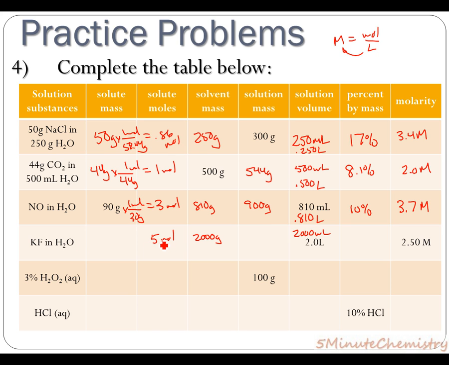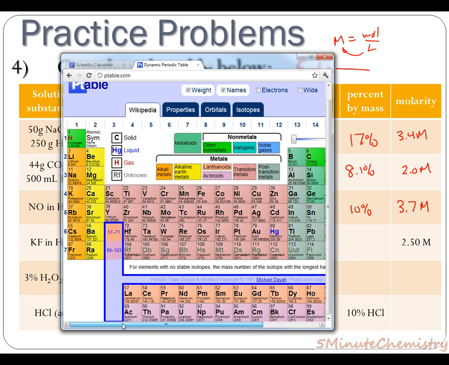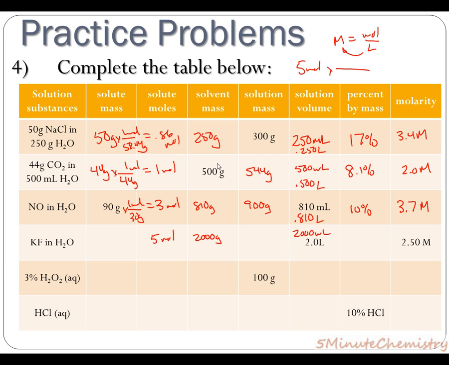What I can do with this is convert 5 moles of KF to grams. If we look here, we see that fluorine is approximately 19, potassium is 39, so 39 plus 19 gives 58.